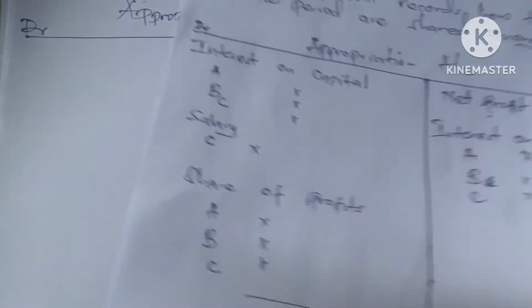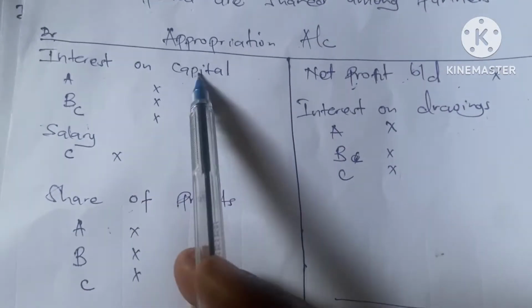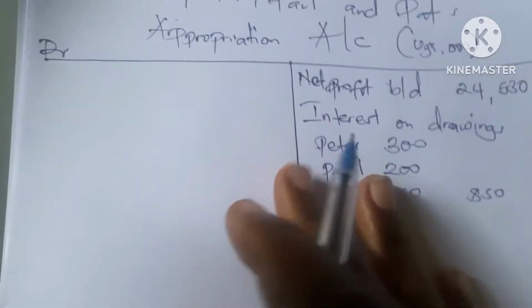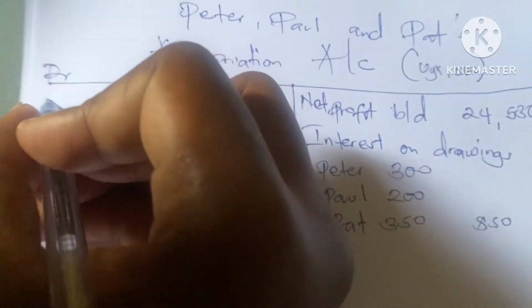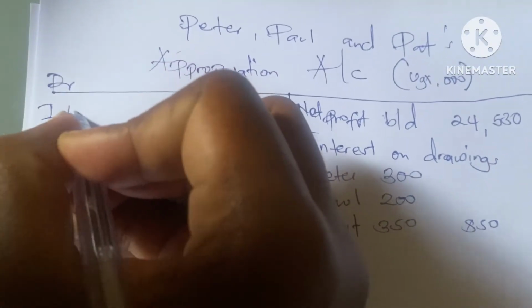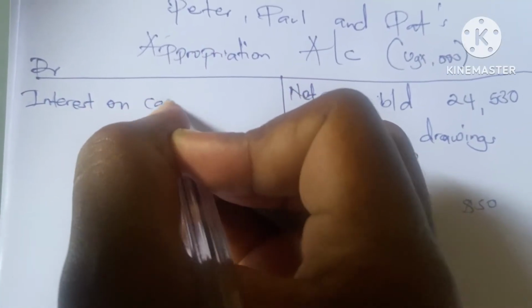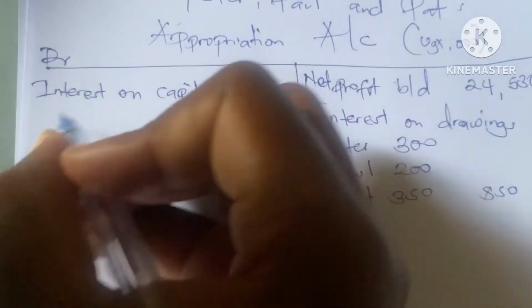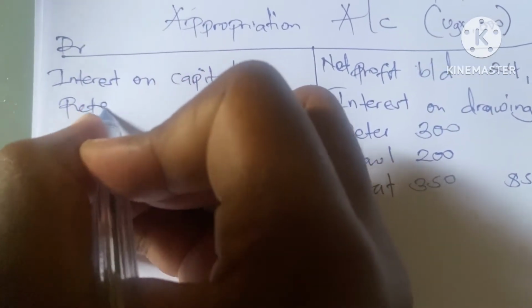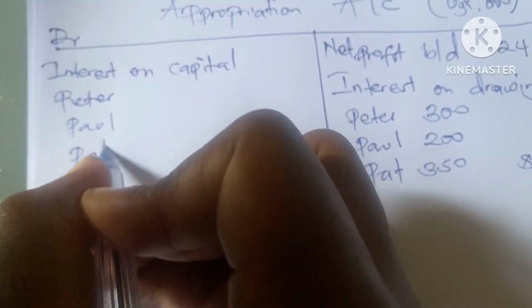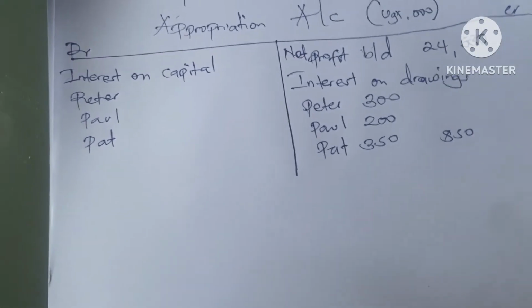Then we come to this side. On the debit side, according to the format, we have interest on capital, salary, and then share of profit. So interest on capital, we have 3 partners, Peter, Paul, and Pat.